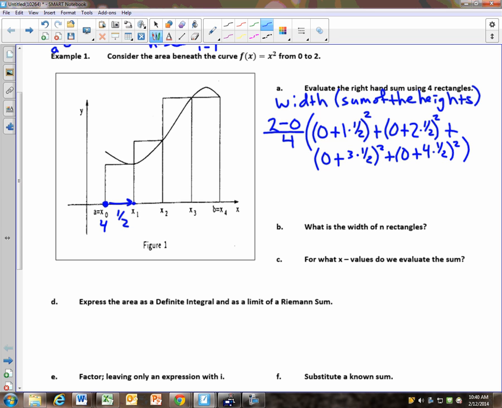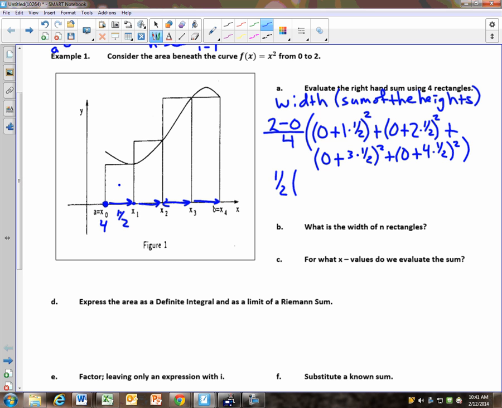And then we would go over half a unit more, right? So we went over 2 of the halves, 2 rectangles, so 2 widths. So when we do the third rectangle, we go over 3 of the widths. Then we do the fourth rectangle, we go over 4 of the widths. So that's why I'm multiplying by the width, because that's the increment that I move each time. Okay? So let's just figure this out.